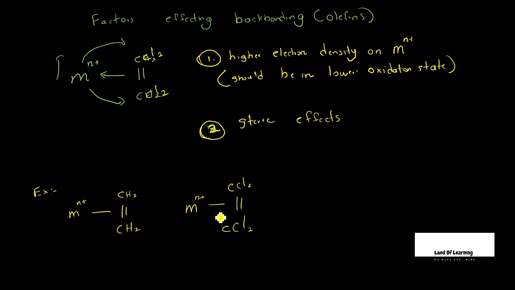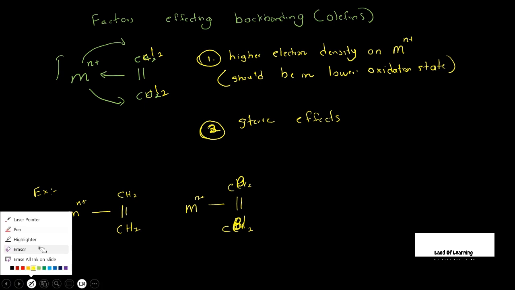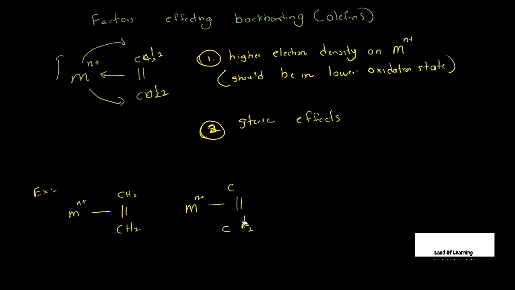Now in this case, you can see chlorine; we can take bromine also. Let's take bromine, it's better, I guess. This is bromine. Sorry about the mistake. If we take bromine, it's much easier for you to understand.